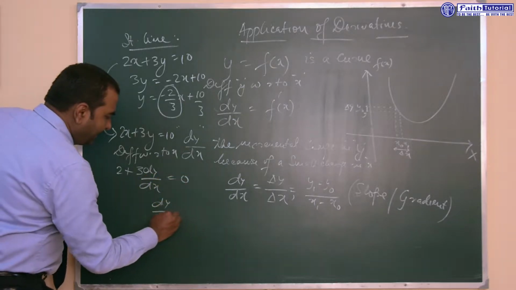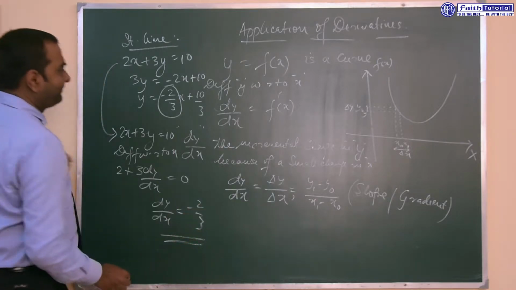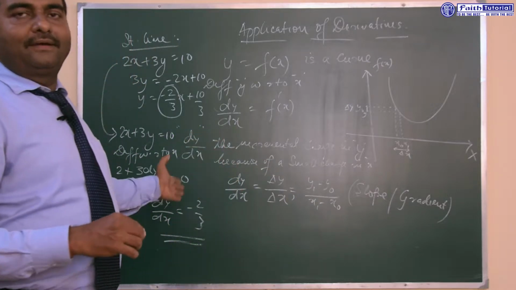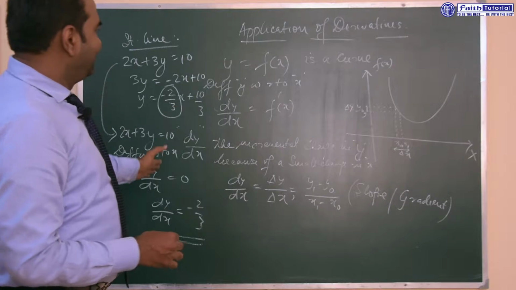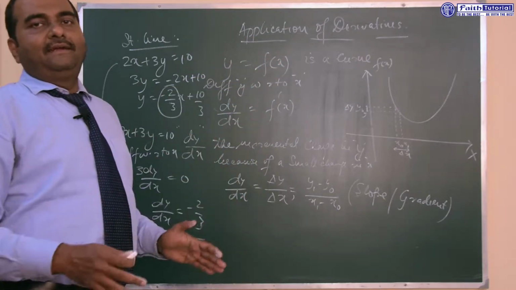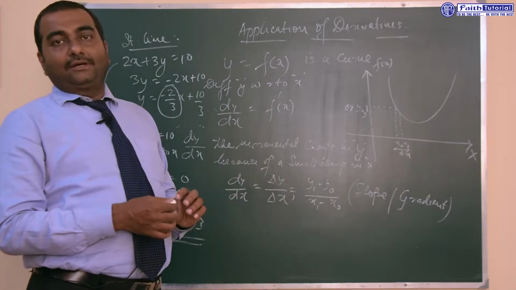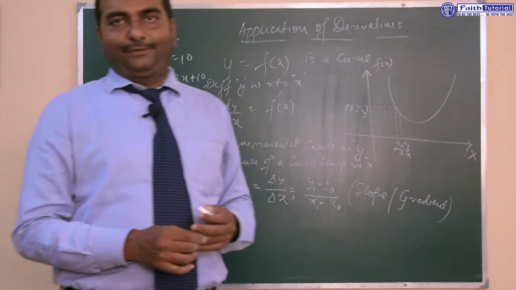So, dy by dx is minus 2 by 3. Yes, that's it. So, that is the slope or the gradient of a function or a curve or a straight line. Correct. So, that is our first derivation for the day, where we have seen that the dy by dx term actually calculates the slope or the gradient of that particular function.